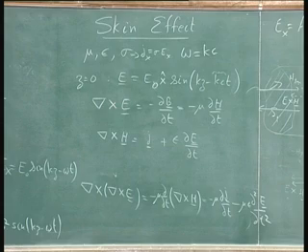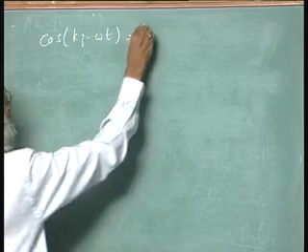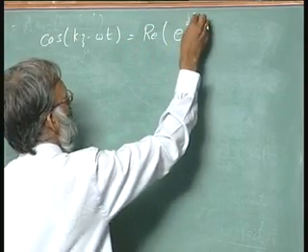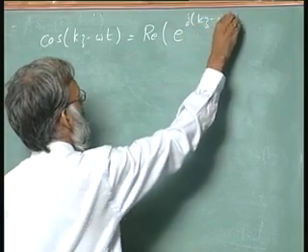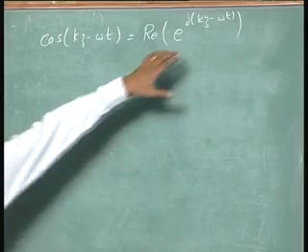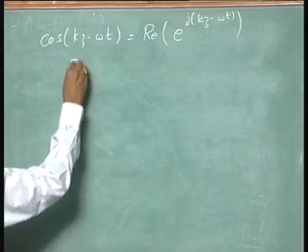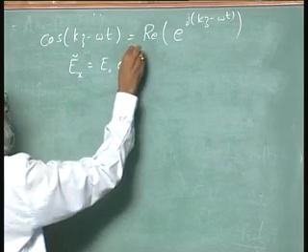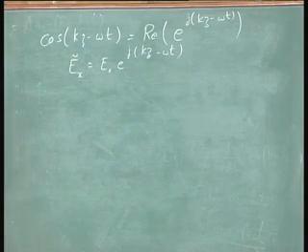But instead, we will use cos(kz minus omega t) is equal to real part of e to the j(kz minus omega t). And then we will work with these phasors. So in terms of phasors, Ex is equal to E naught e to the j(kz minus omega t).